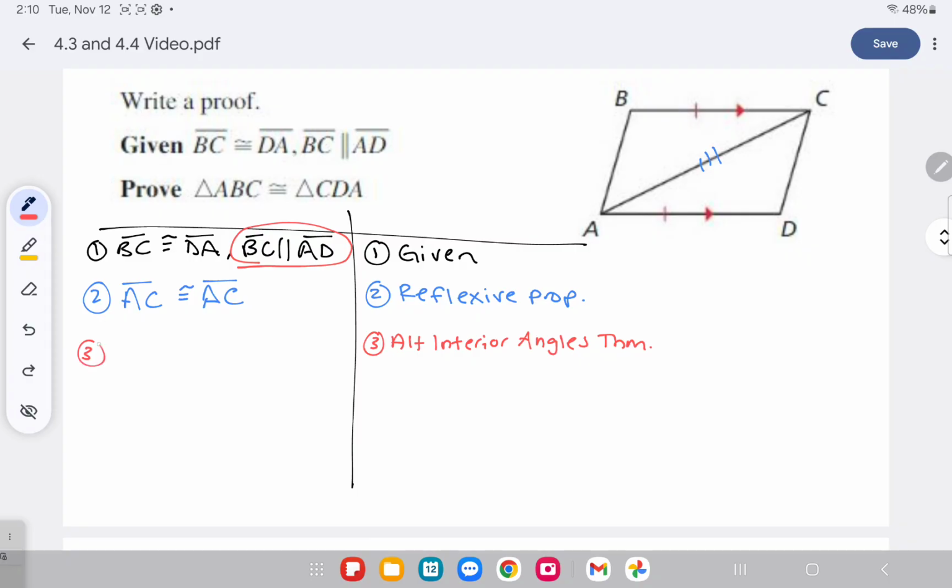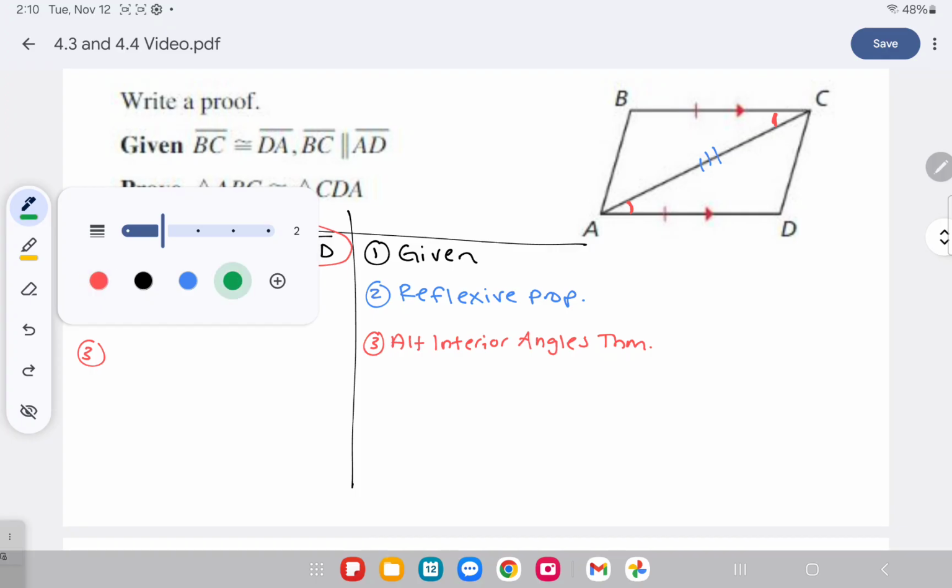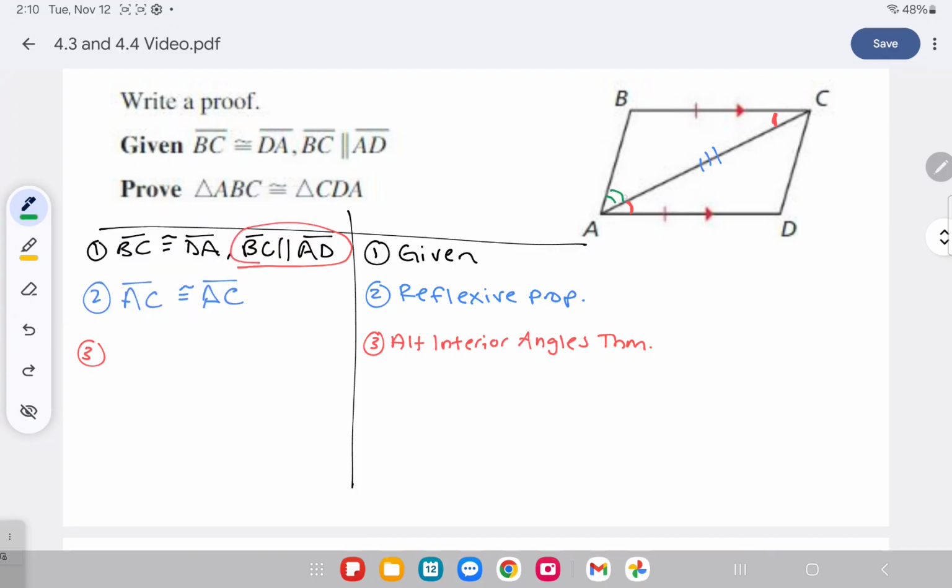In this case, we have two pairs of alternate interior angles. We know that angle CAD, which is right here, is congruent to angle ACB, which is right here, by the alternate interior angles theorem. We also know that angle BAC is congruent to angle ACD by that same theorem.